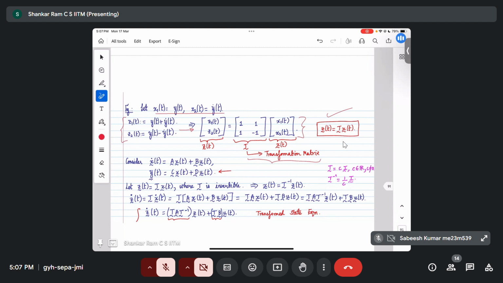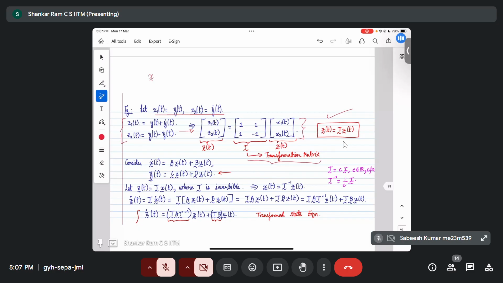Where T is a transformation matrix, which essentially maps the state vector x we started off with, the first choice of state variables, and then we transform to z.